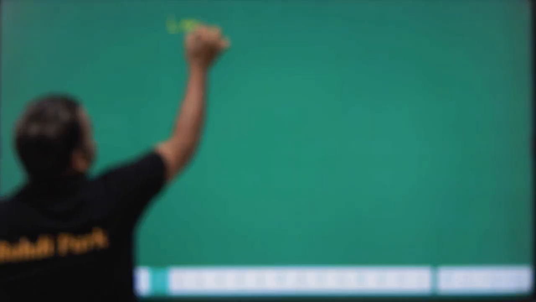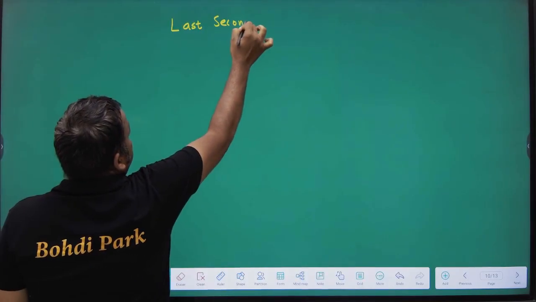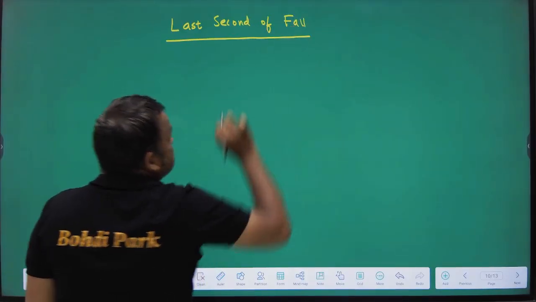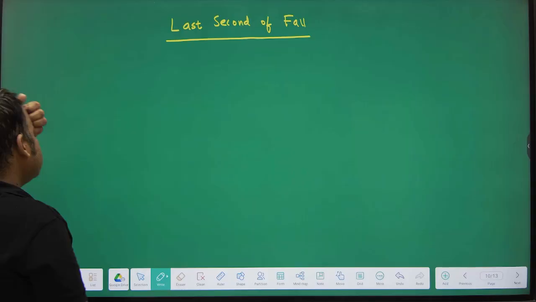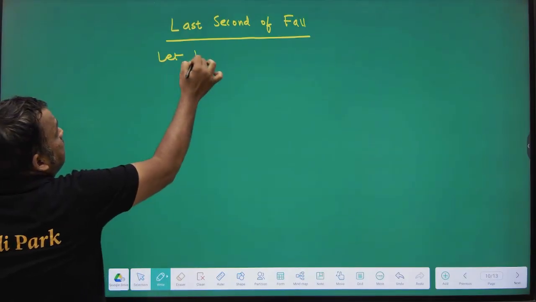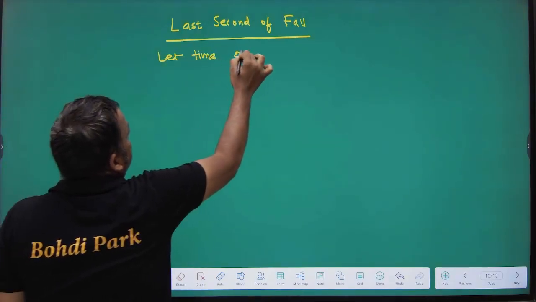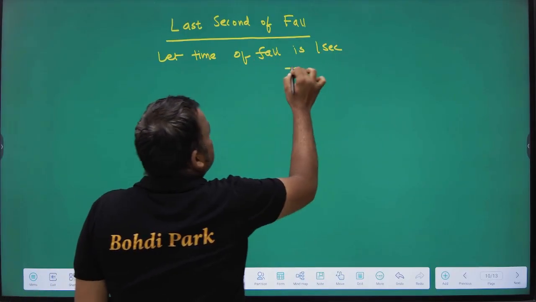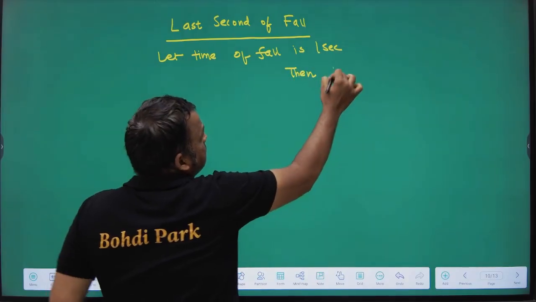Next, we will discuss last second. Last second of fall. What do you mean by last second of fall? Suppose time of fall is 1 second. Then last second is 1 second.